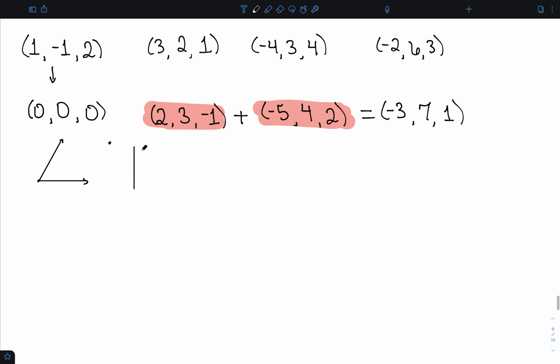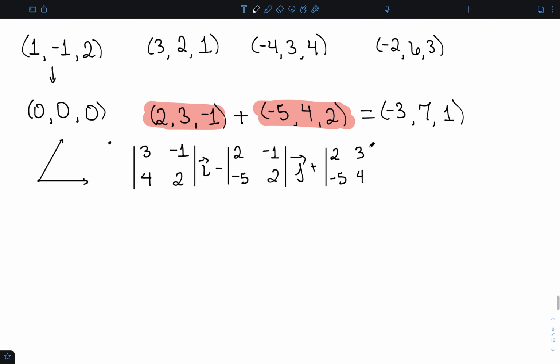I'm going to ignore the first coordinates. That would give me 3, -1, 4, 2 times i, minus, ignore the second coordinates. That would be 2, -1, -5, 2 times j, plus ignore the third coordinates. I would have 2, 3, -5, 4 times k.